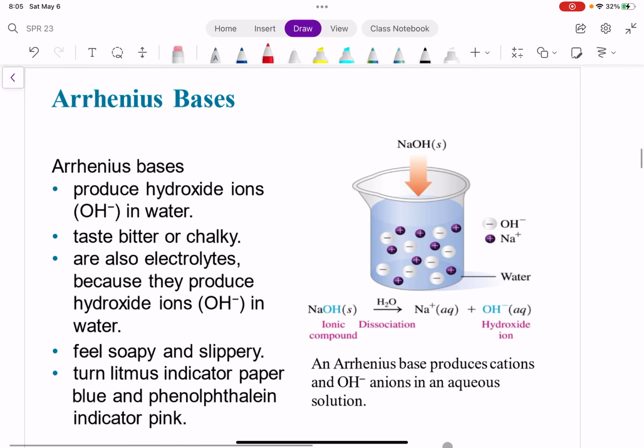Okay, so moving on. Arrhenius bases. Arrhenius bases produce hydroxide ions, which are OH minus ions, right? That's one of your polyatomic ions you had to memorize, when they're dissolved in water.